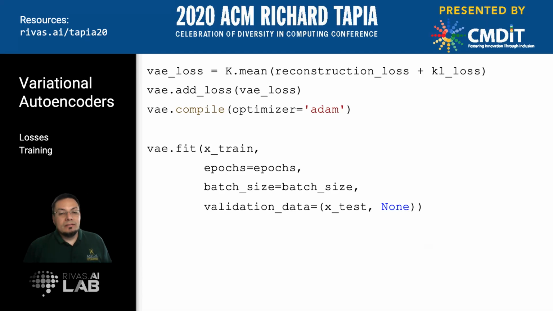When we fit with the X train as the data, and the validation is the X test. I believe there might be a typo in my slides here, so I want to make sure, because you have the code, I believe this should have another X train right here. Okay, so we have epochs, we have batch sizes already defined earlier, and we're ready to train.